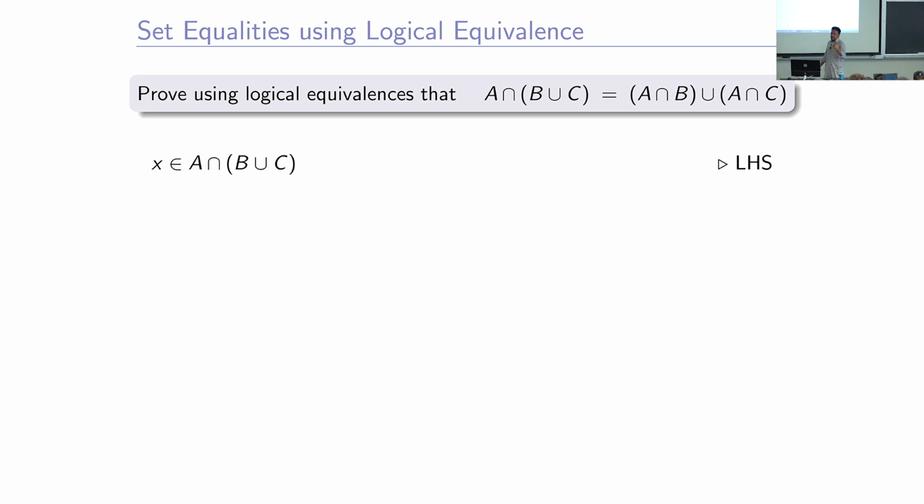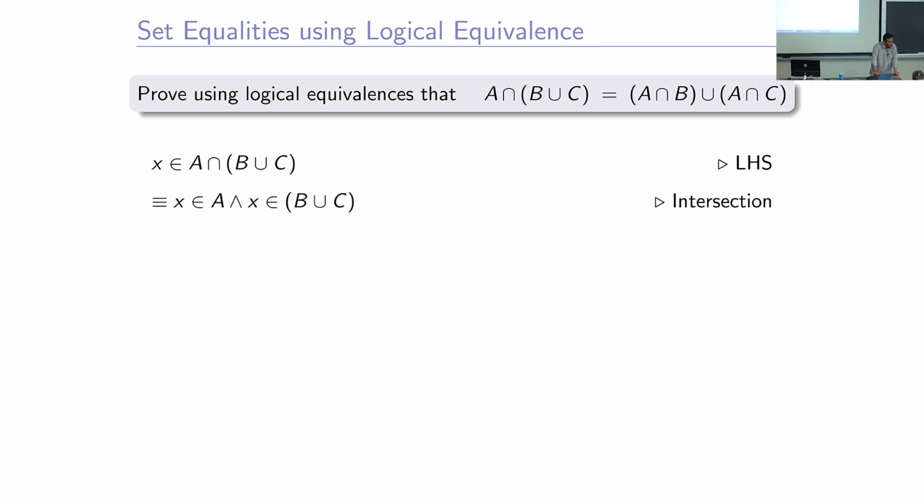So what does X in A intersection B union C mean? Now apply the definition of intersection. This means that X is in A and X is in B union C, right? That's the definition of intersection, if you remember. Intersection is the set of those elements that are in A and that are in B also, right?